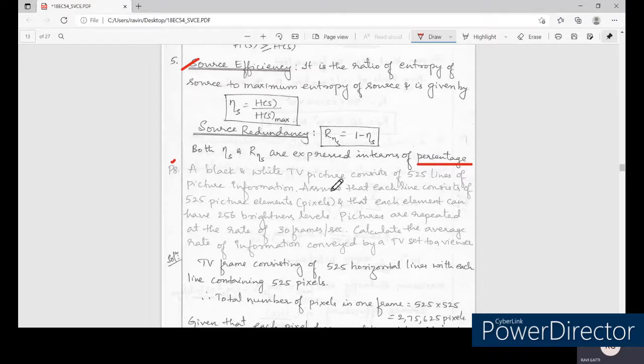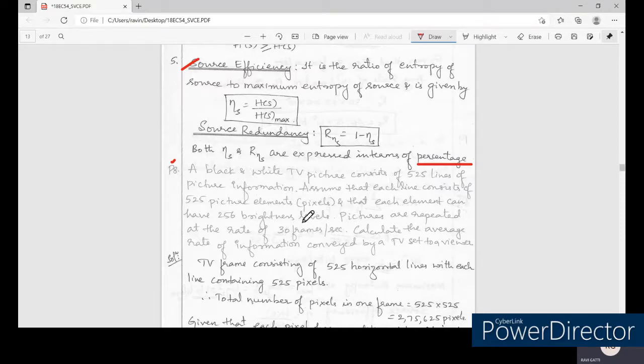A picture consisting of 525 lines of picture information means the TV has been divided into 525 lines, and each line consists of 525 picture elements. So the number of picture elements will be 525 into 525. And each element can have 256 brightness levels. So for one pixel we have 256 brightness levels.